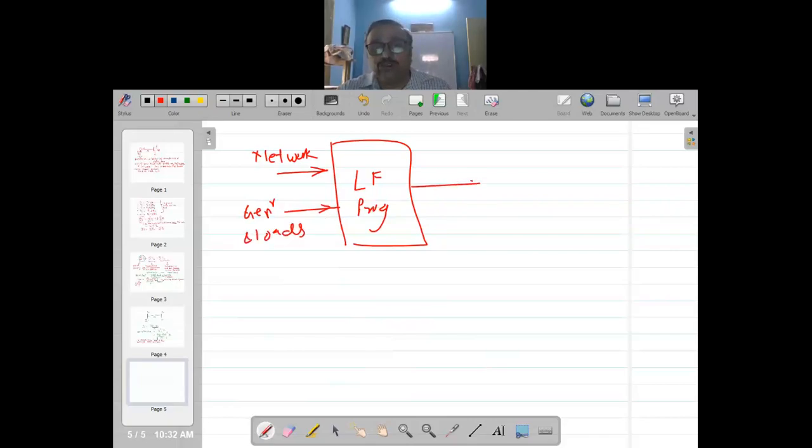And the output is voltage magnitude and voltage angle.